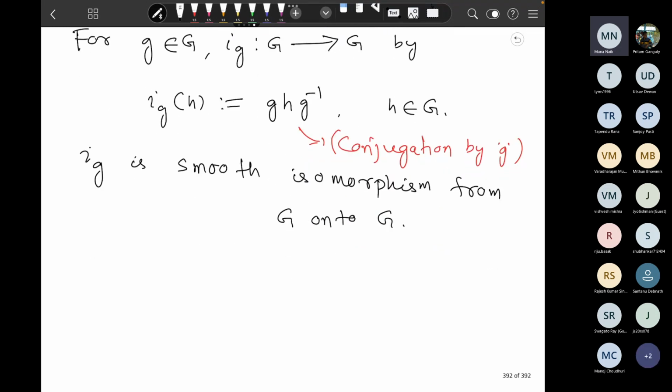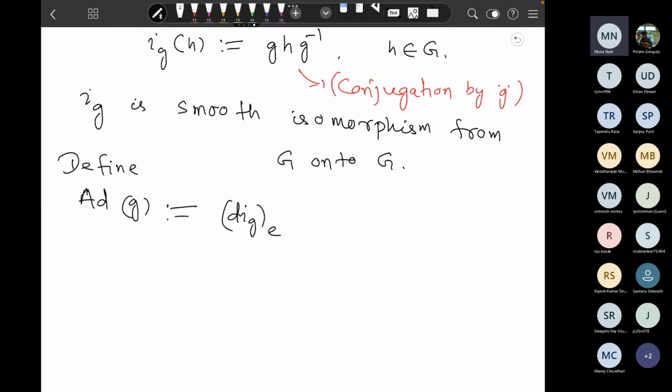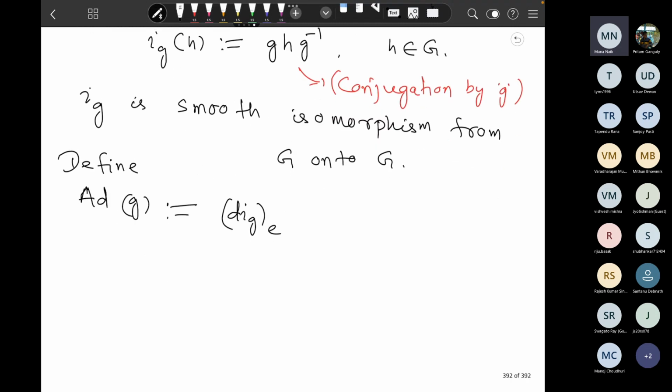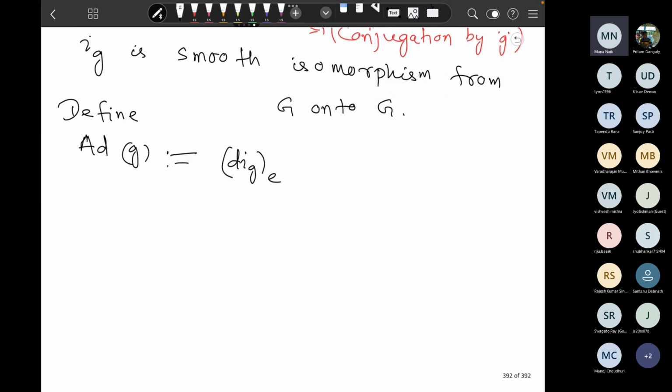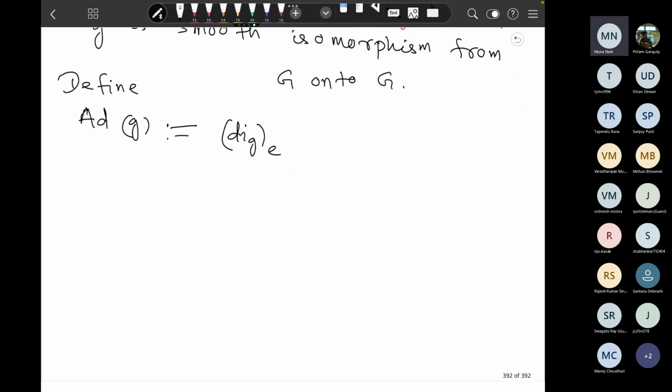Now this is a notation we define: R_g is really d I_g at the point E. Now since I_g is an isomorphism from G onto G, this R_g will be a Lie algebra isomorphism. This is my picture: this is my I_g and this is my R_g.